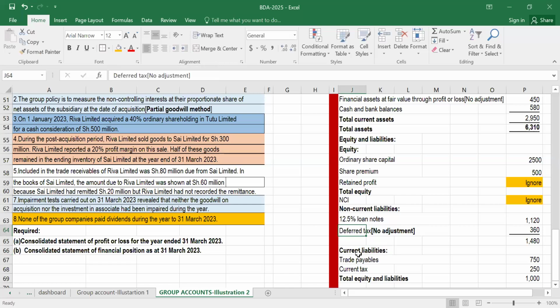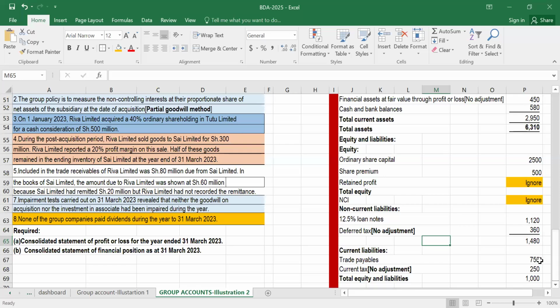And also current tax under the current liabilities, I note the same for this one. Any component of tax in the income statement or in the statement of financial position does not have any adjustment. So equally, this is also another free mark.